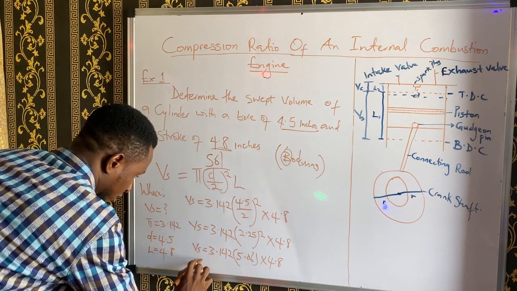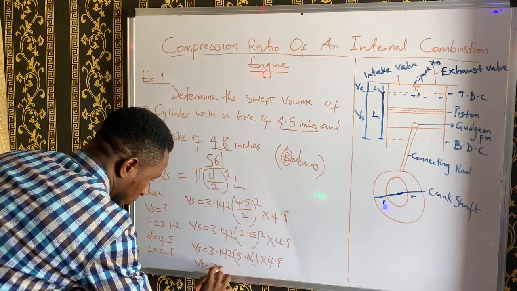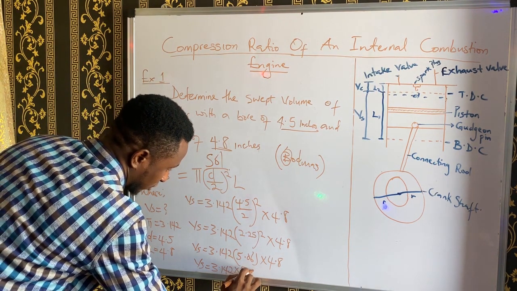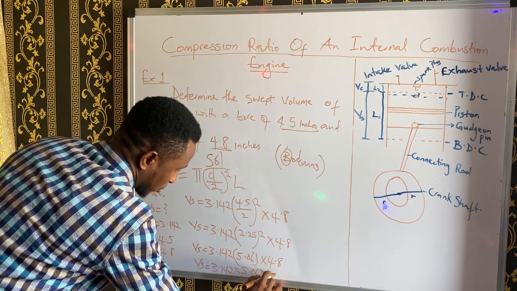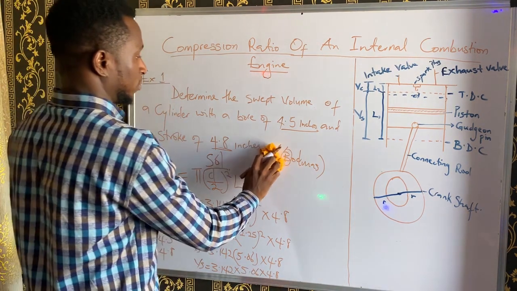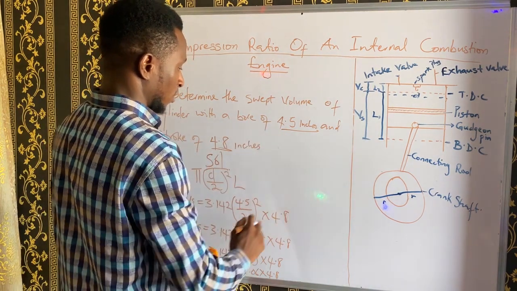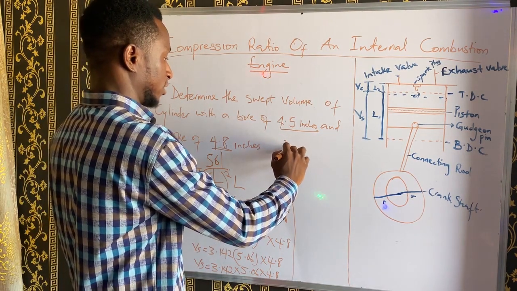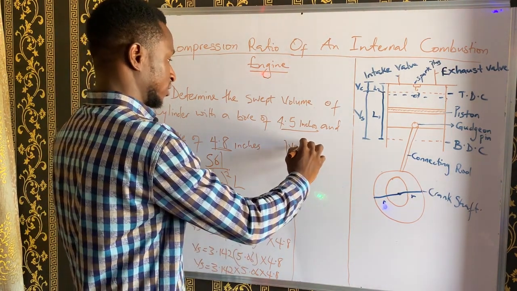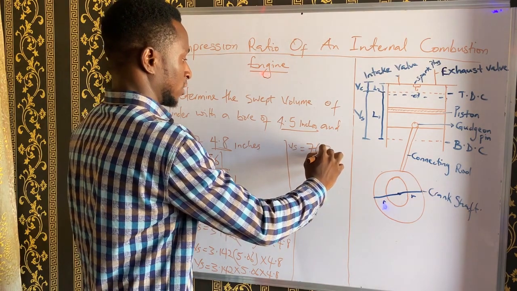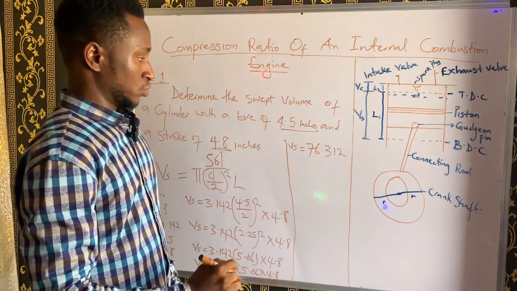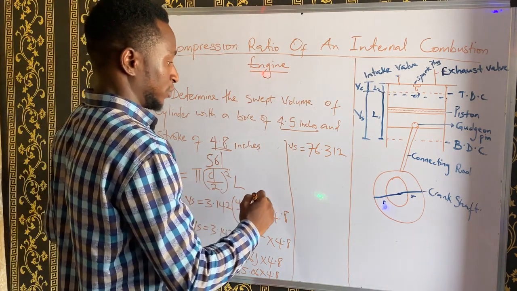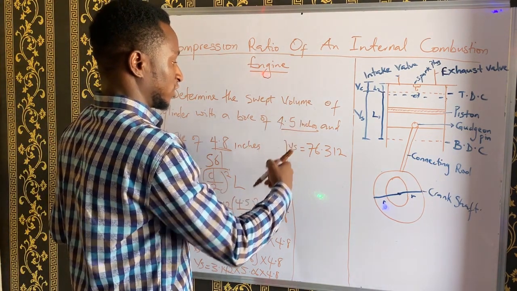Remove the bracket. We have Vs equals 3.142 multiplied by 5.06 multiplied by 4.8. And if we multiply this, we have our Vs equals 76.312. Now, the swept volume has a unit, and the unit has to be inputted. Currently what we're given is inches.